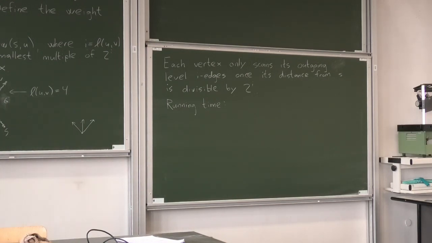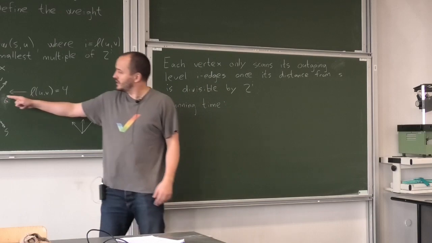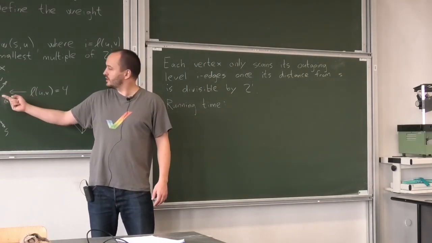But you only get an approximation to the true distances, because edges can be more expensive now. But it can never be cheaper than the original distances, because these weights can never be smaller than 1, right? They will also always be 1 or larger.